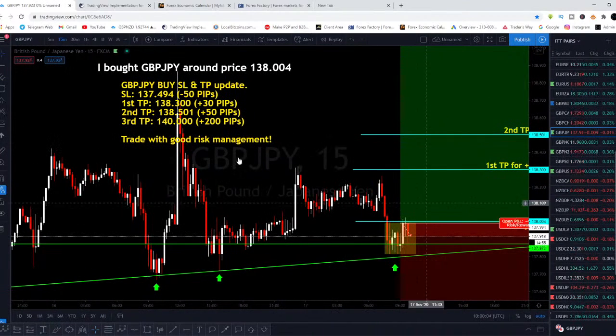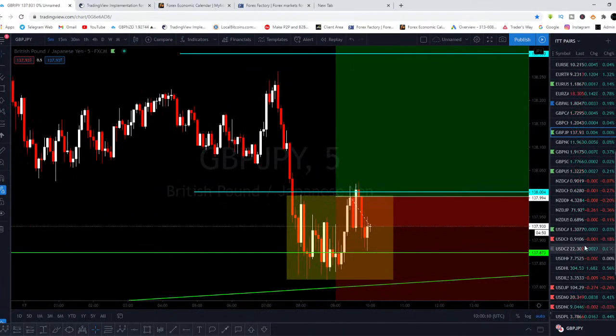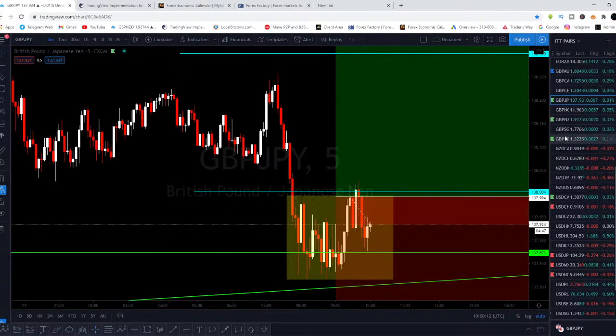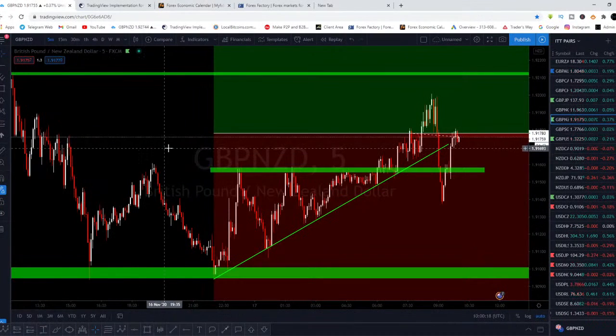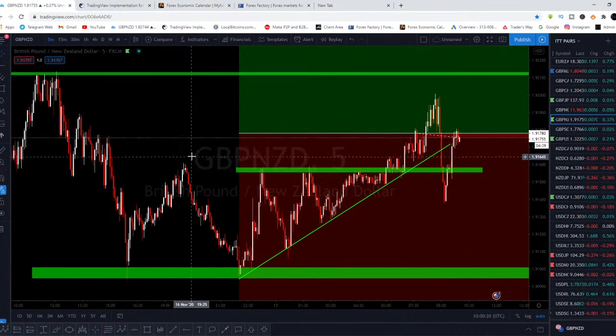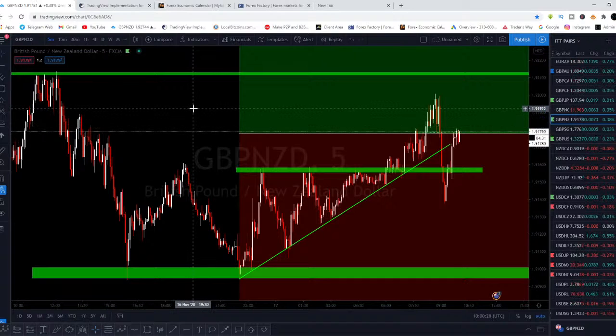Okay, so the 1 hour candle has been closed now. Let me check GBP NZD. Where is it? All right, so anybody with me? About to get in now. And we will be risking around, oh my, 200 pips, you know. So I'm buying GBP NZD right away, guys. We go get it.